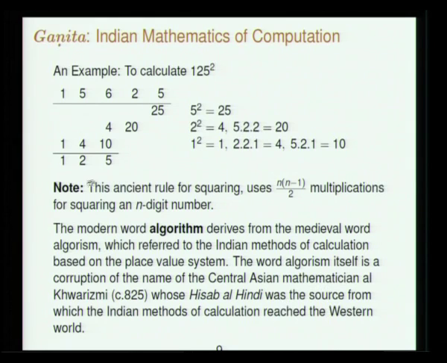You take any number, 125. First you square the last number, multiply the other 2 numbers by 2 and the last number. So, you get this row, then remove 1 digit, square the next number, multiply by 2 and that number, the next row, and finally square the last number, remove 1 more digit, add all of them.